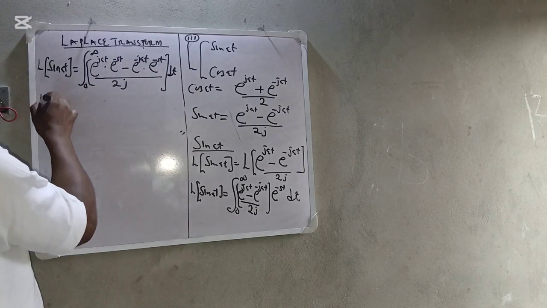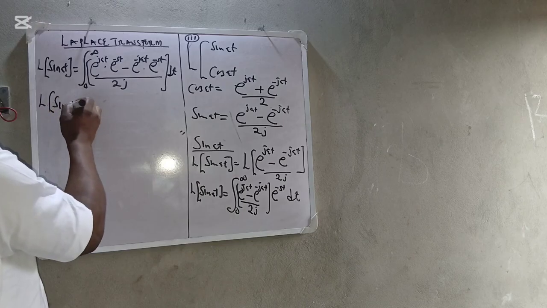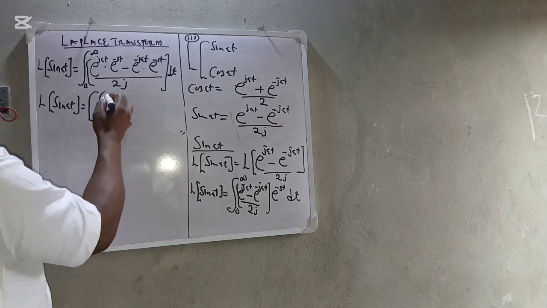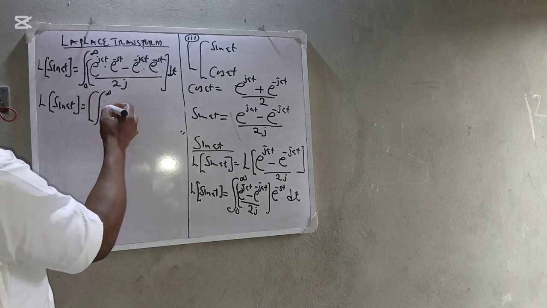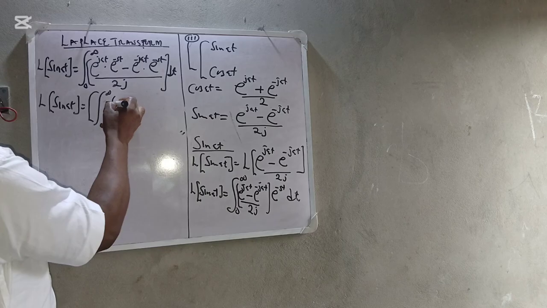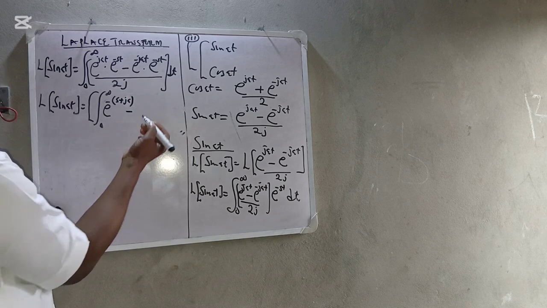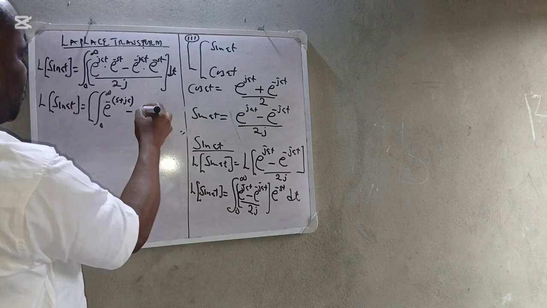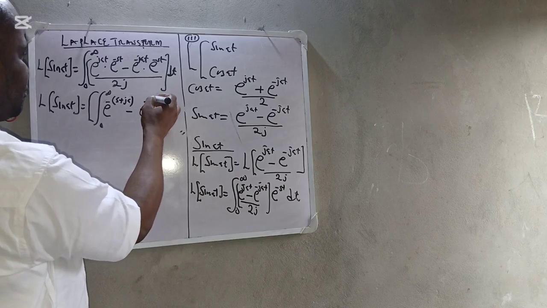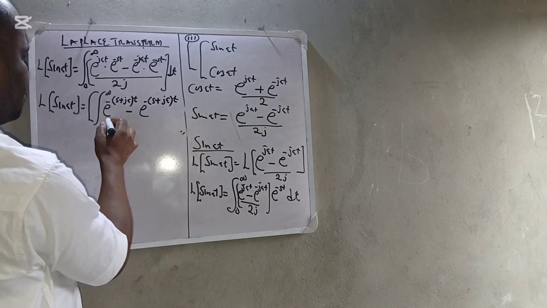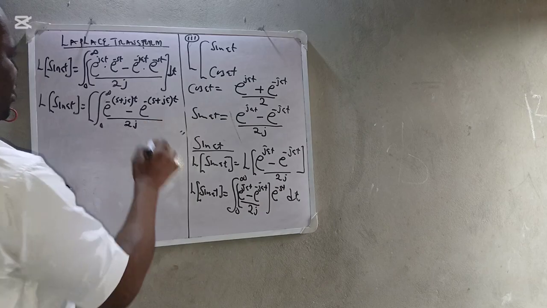You can further combine it: we have e to the minus s minus ja times t, minus e to the minus s plus ja times t, divided by 2j.